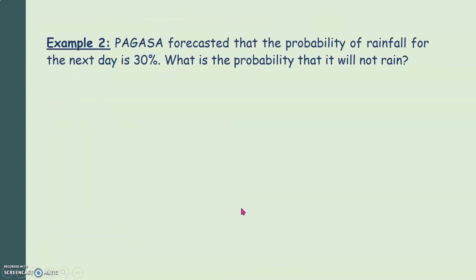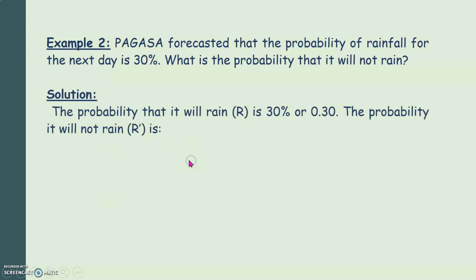Example 2. Pag-asa forecasted that the probability of rainfall for the next day is 30%. What is the probability that it will not rain? Okay, so this is very obvious. The probability that it will rain is 30%, or in decimal, 0.30.